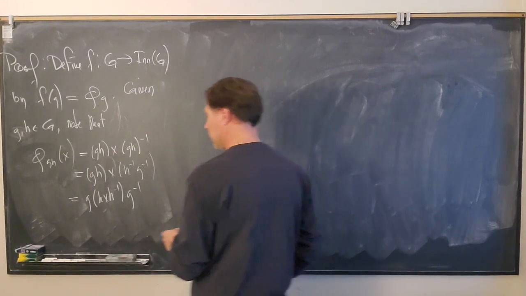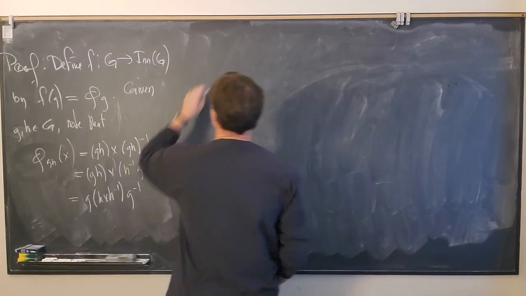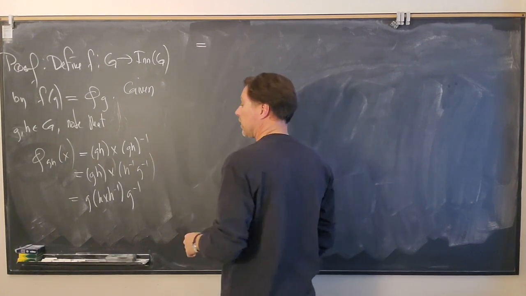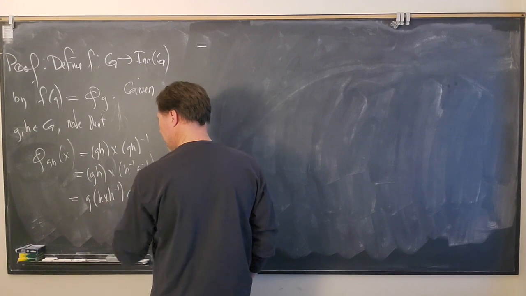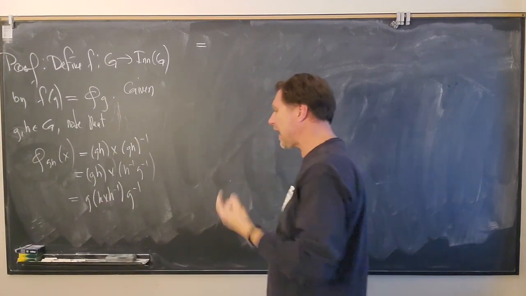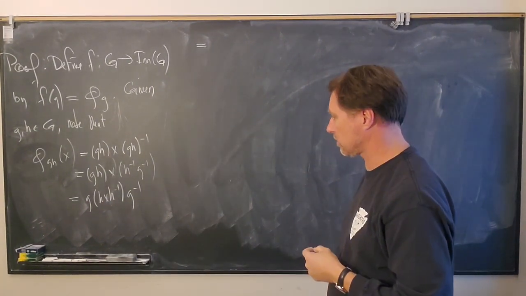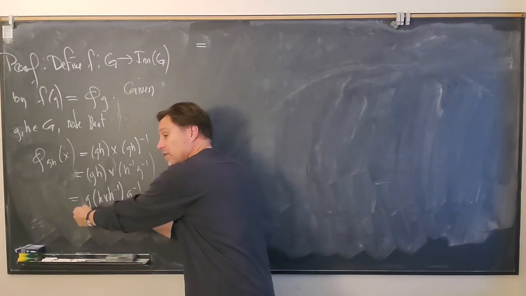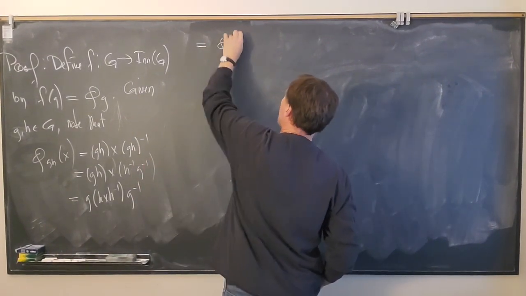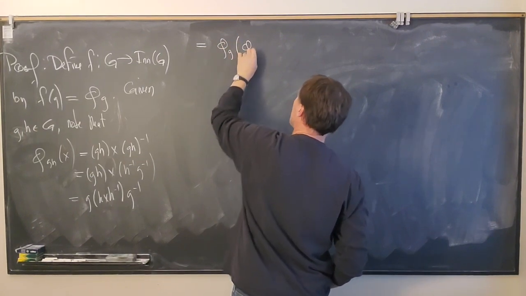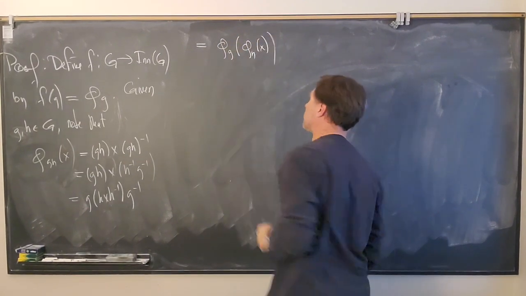And this is equal to, inside, phi sub h of x, and then we have phi sub g applied to that. So that's phi sub g of phi sub h of x.